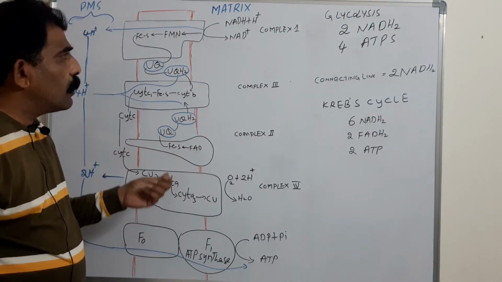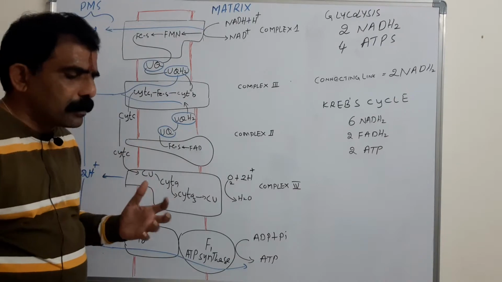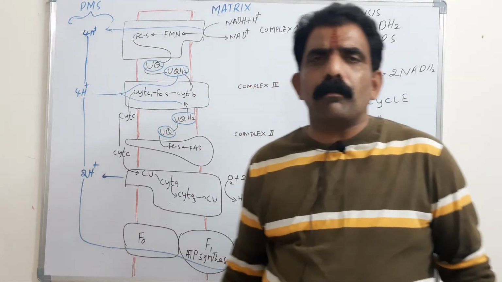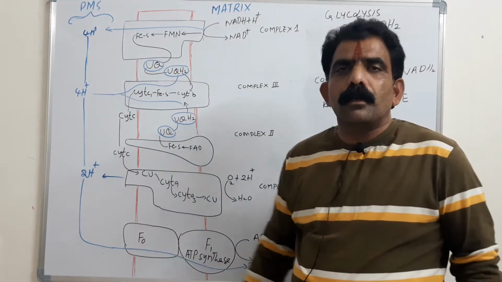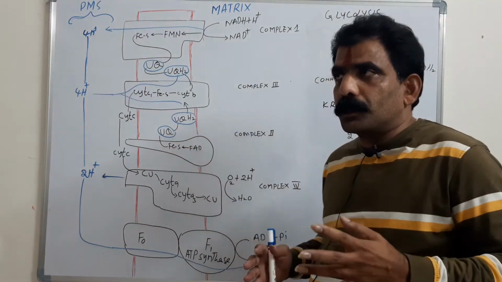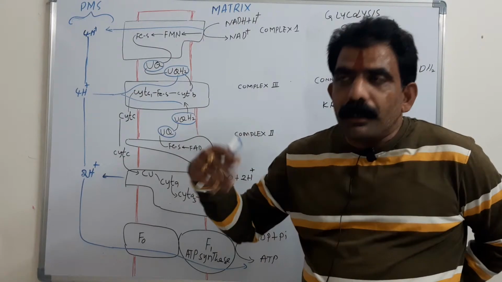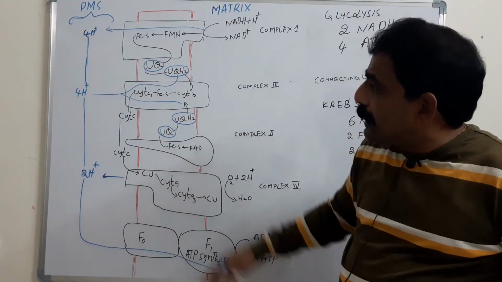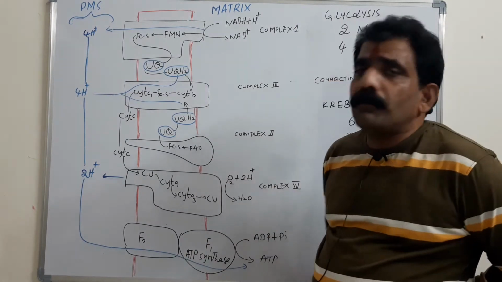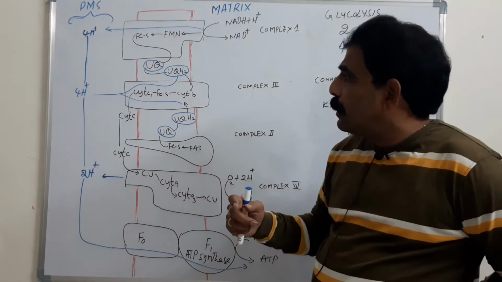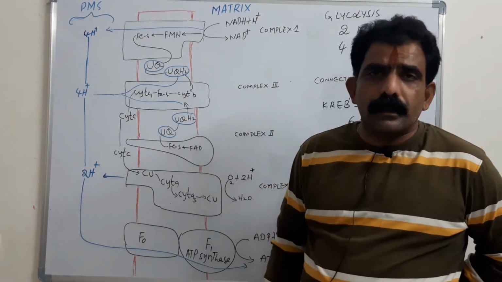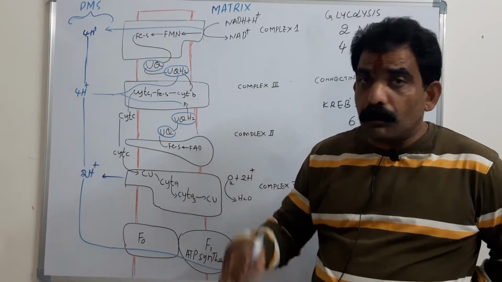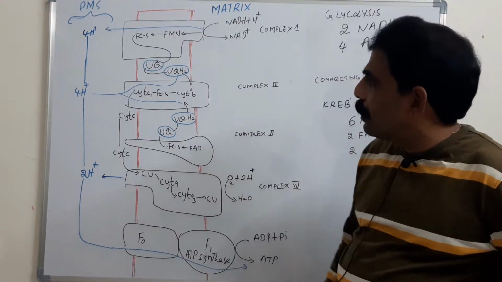Here in the electron transport system, various intermediate electron carriers are involved to transfer the electrons from NADH2 or FADH2 to the terminal electron acceptor, oxygen. Some of these electron carriers are located as complexes and some of them are free electron carriers, otherwise mobile electron carriers.